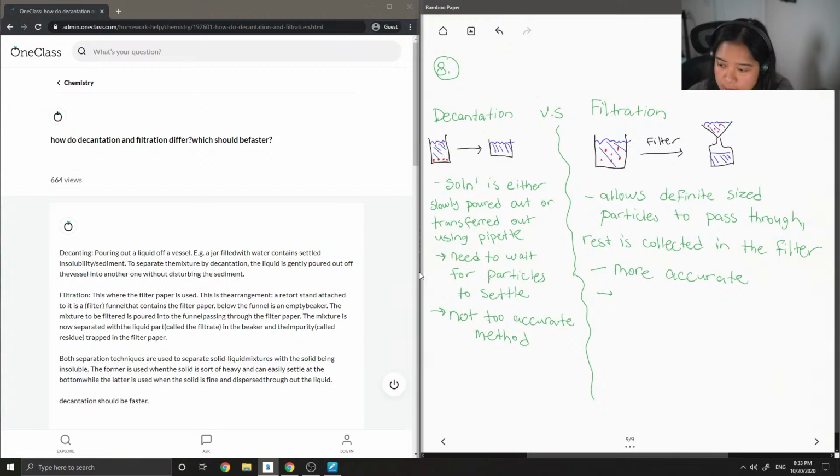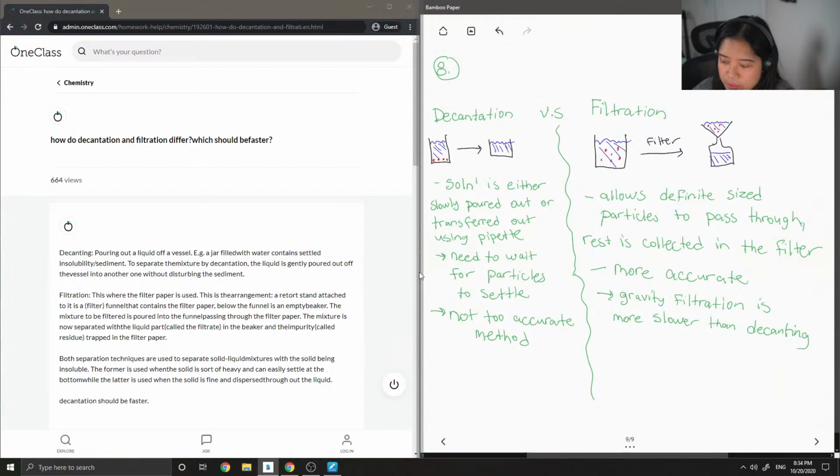But if we want to talk about saving time, I would say that gravity filtration is much slower than decanting. So it also depends on how good your filter paper is.